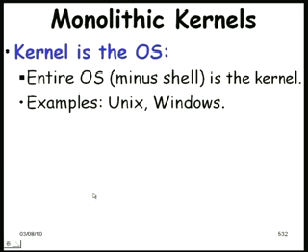Now, as we discuss the different types of kernels, we will see that there are 2 main variations. One is the traditional monolithic kernel. In the monolithic kernel, the principle or the concept here is that the kernel is the OS. If you talk of the OS, it is almost the kernel, minus of course the shell, etc. The entire OS is the kernel.